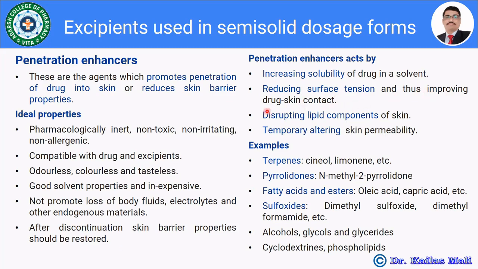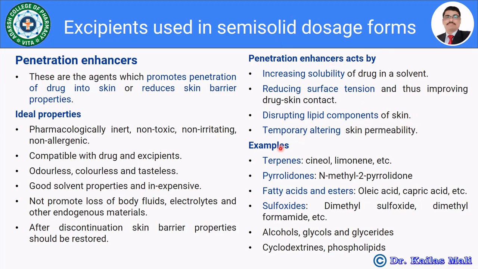Then they disrupt the lipid component of the skin and thereby promote the permeability of drug. And last, a temporary alteration in the skin permeability. So these are some mechanisms by which the penetration enhancers act.